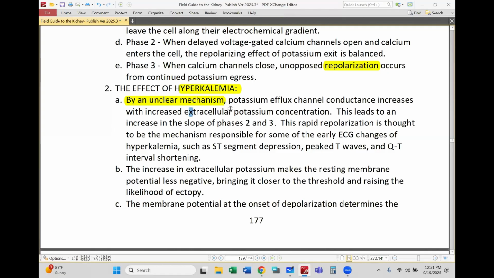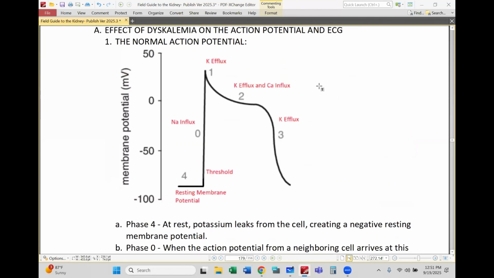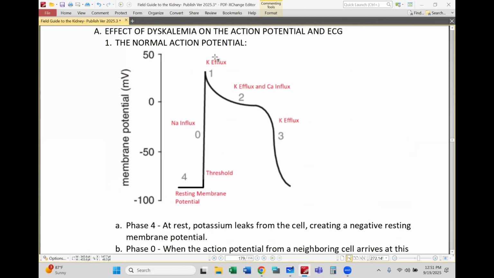When there's an extracellular increase in potassium concentration, there's a reduction in K efflux, K channel conductance. This doesn't make sense, right? Because if I increase my ECF K, if anything, my tendency for K to leave the cell should be less.